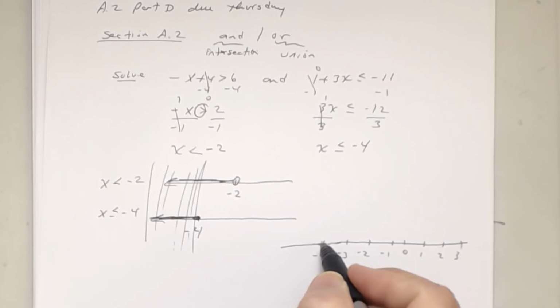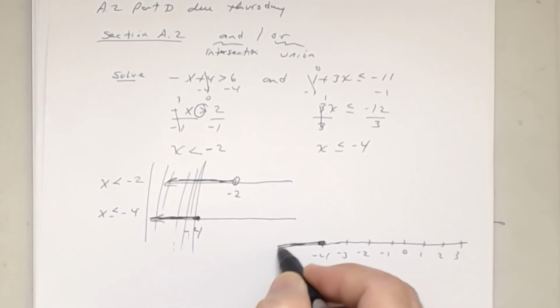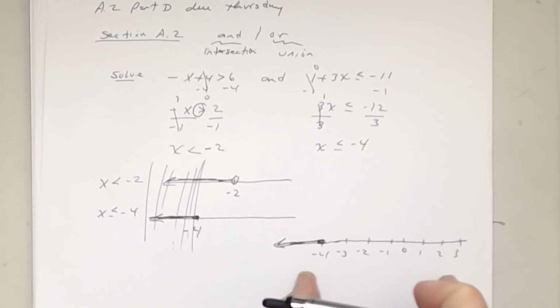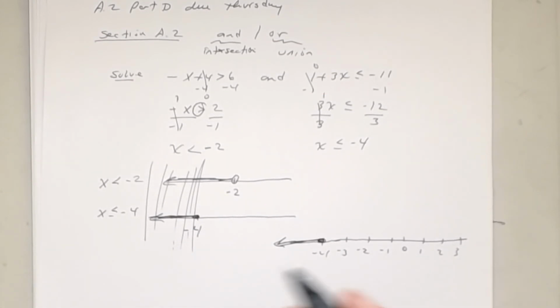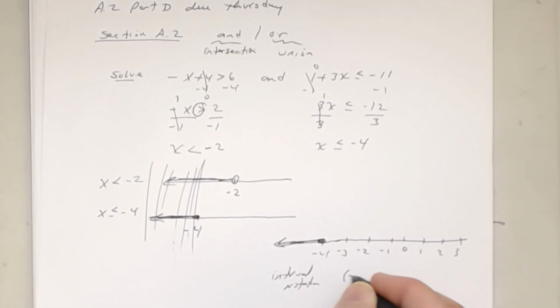To the left. Open or closed circle? Closed, to the left. So that's the solution set. So that's the graph that you would give me. What was the interval notation? It would be parentheses, negative infinity, negative 4, with a bracket. Okay?